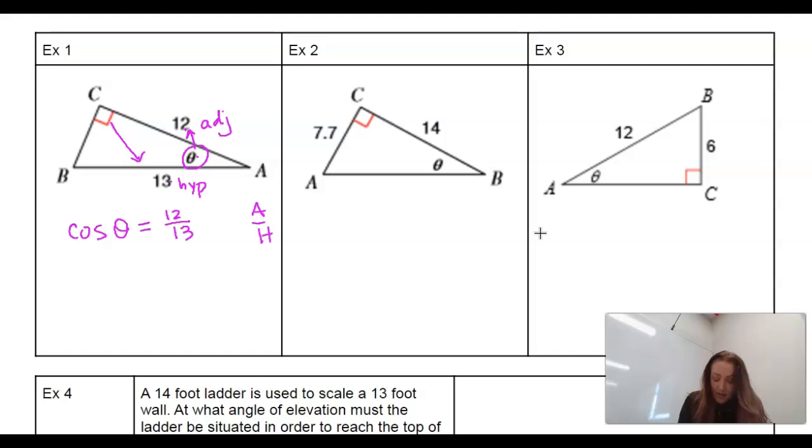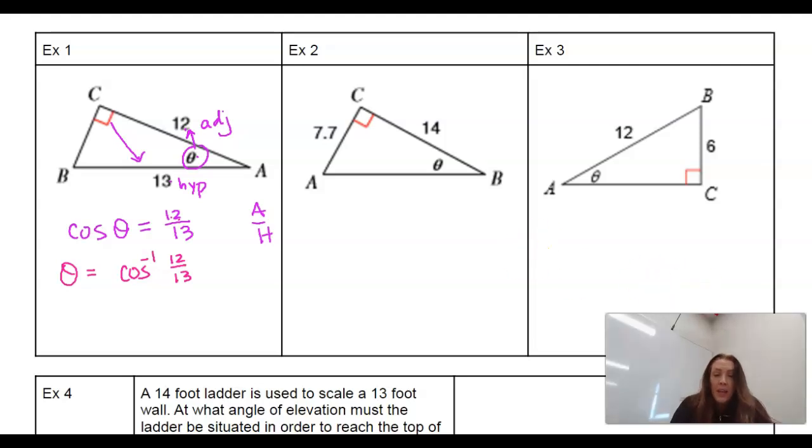I can take the inverse of cosine, so I get theta equals inverse cosine of this trig ratio, 12 over 13. That's the connection. Cosine of the angle equals adjacent over hypotenuse, but if you want to get theta by itself, that's when you use that inverse trig notation.